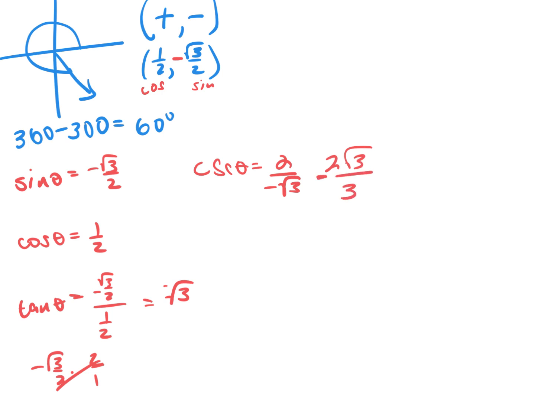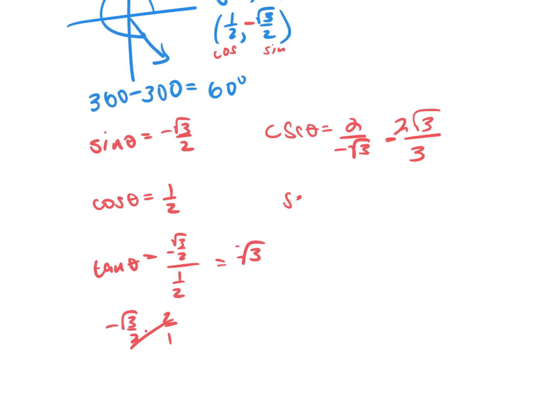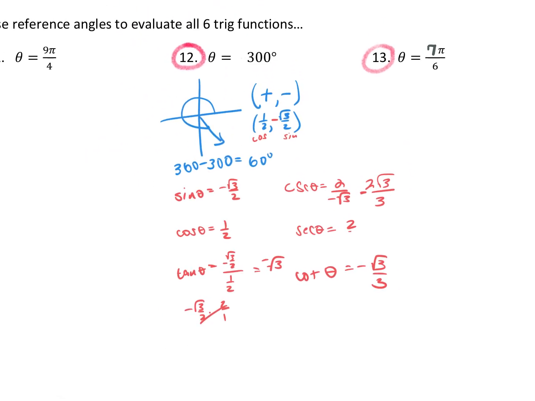We rationalize, okay. When I flip my cosine, my secant becomes 2, good. And then my cotangent, when I flip it, becomes what? Negative root 3 over 3. When you flip root 3, guys, it becomes root 3 over 3. Again, the hard part is not the trig functions. The hard part is saying, okay, what's the ordered pair I'm looking at? What quadrant are we in? That sort of a thing.